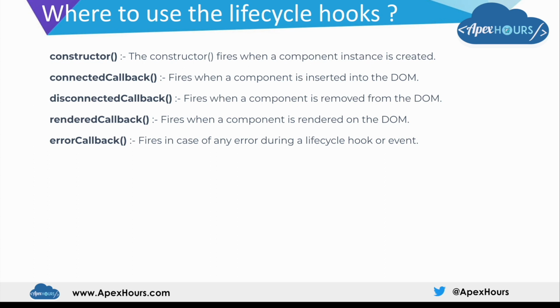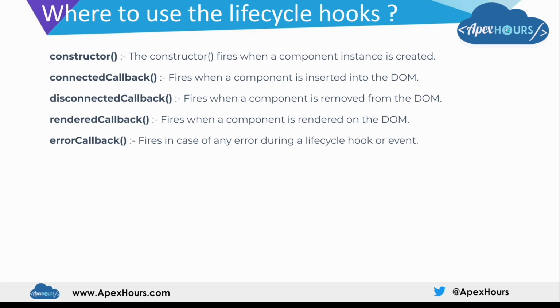Disconnected callback fires when a component is removed from the DOM. You can have tasks like, let's suppose you have an event listener running on the connected callback, then you can stop that event listener on the disconnected callback. All right. Render callback will fire when a component is rendered on the DOM.